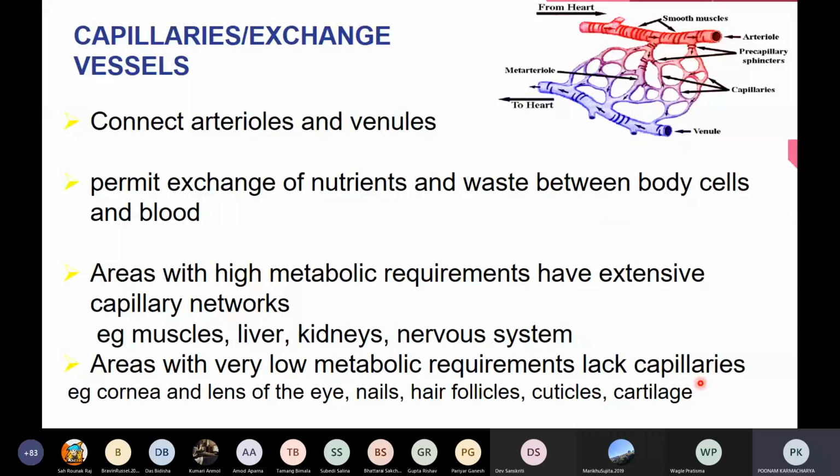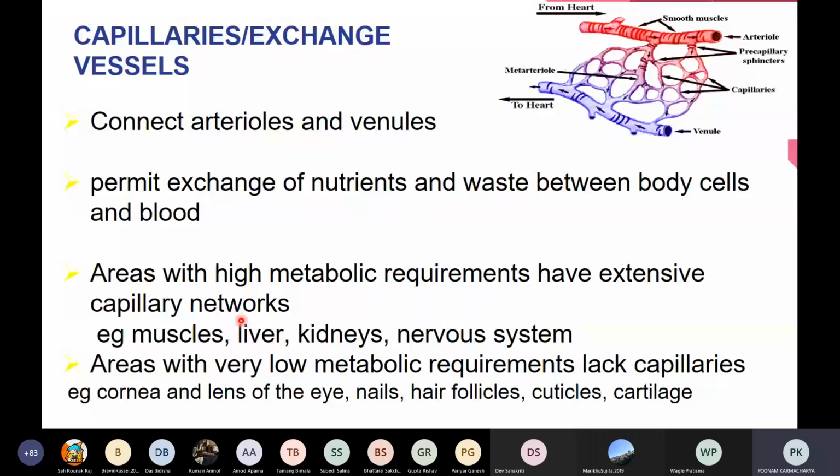So wherever the metabolic requirement is high, the capillary network is high, because the nutrient need is more, and at the same time the waste product formed is more. Because of that, there you can find an extensive capillary network. Okay, so these are the capillaries or the exchange vessels.